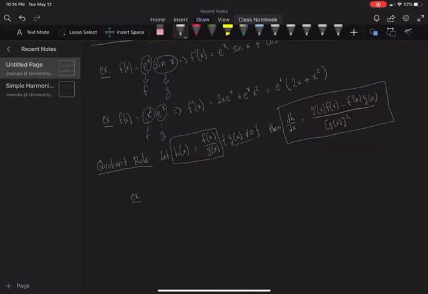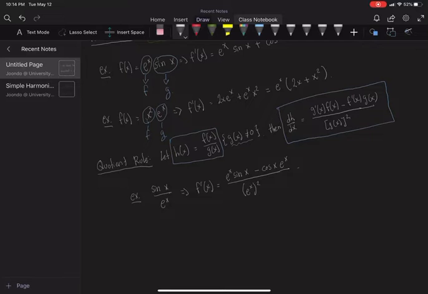Example: sine x over e to the x, right? And suppose this is equal to f of x, and suppose you have to find a derivative. So f prime of x is equal to 1 over e to the x squared, times e to the x times cosine x minus sine x times e to the x, right?